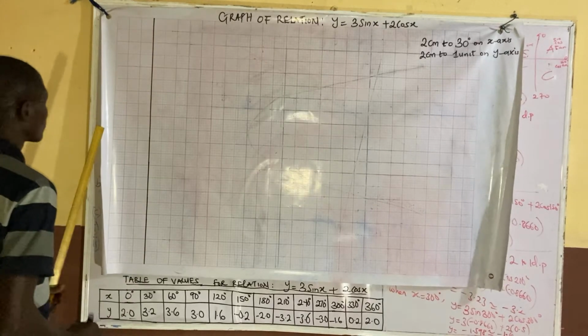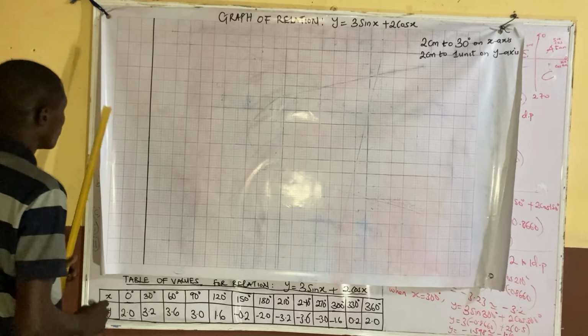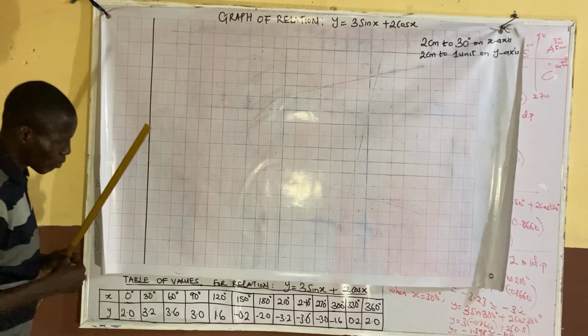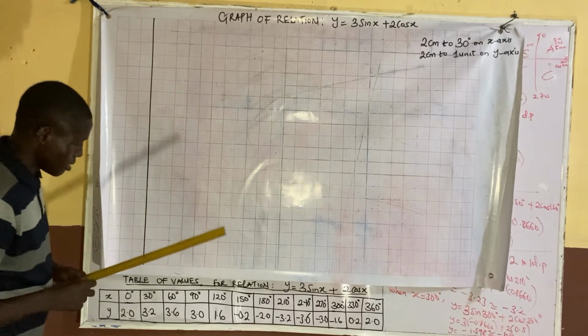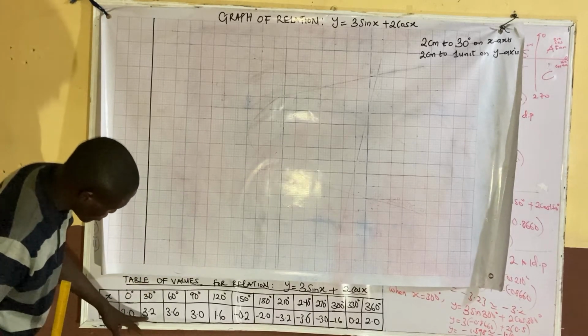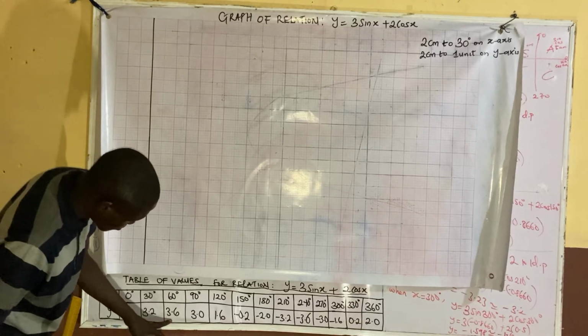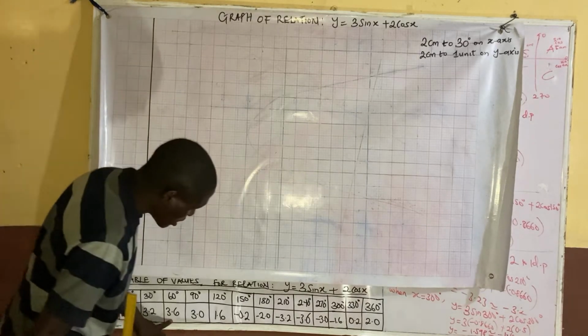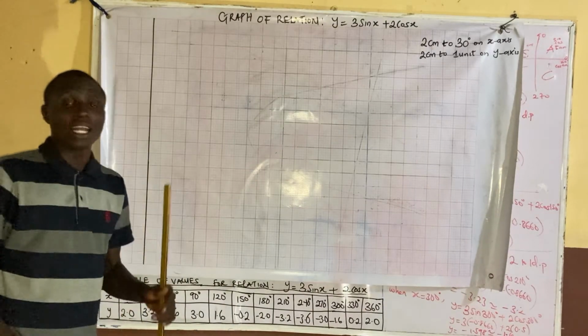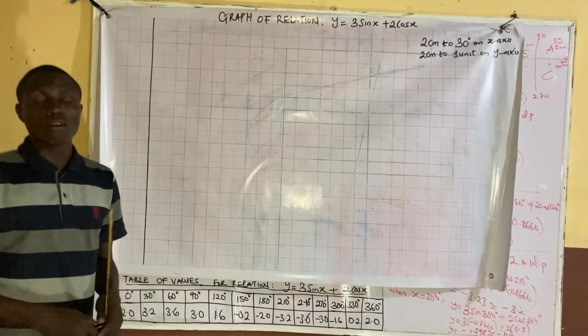Now you know that the highest value I'm having on the y-axis is 3.6 on the positive and minus 3.6 on the negative. So I must have at least 4 units on both sides.